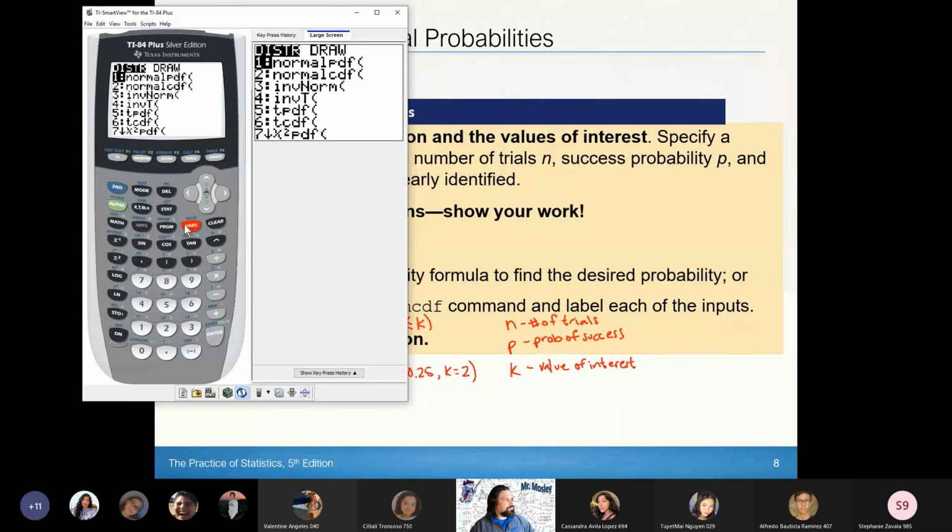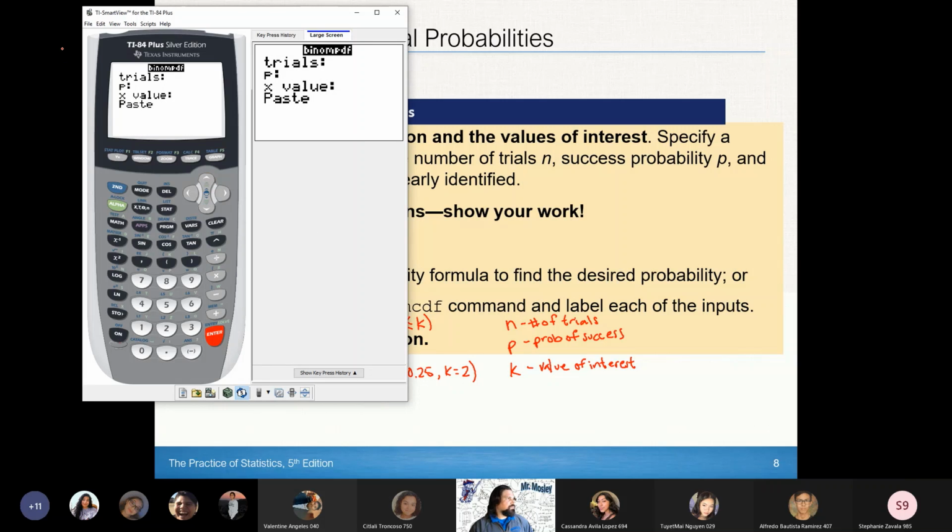To get to what we want faster, we're going to click up to go to the end of the list, and we'll see option A and option B is binom PDF and binom CDF. If we go up to option A here and click enter, it's going to ask for those same 3 numbers we just identified in the slide. We have number of trials, that's 5. Probability of success, 0.25.